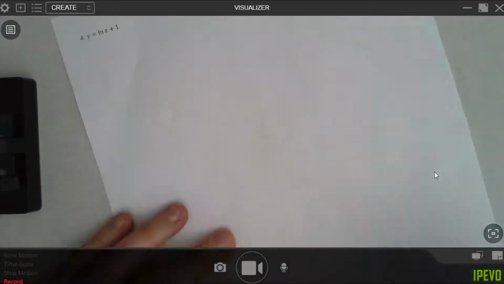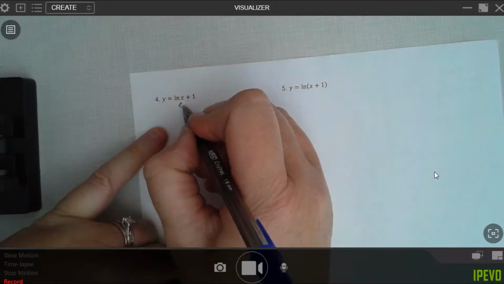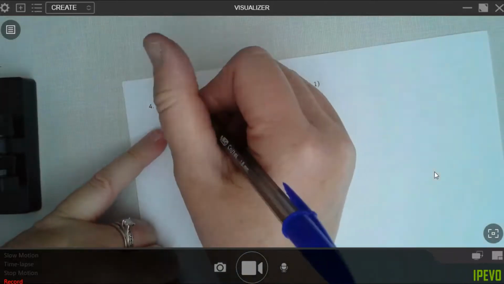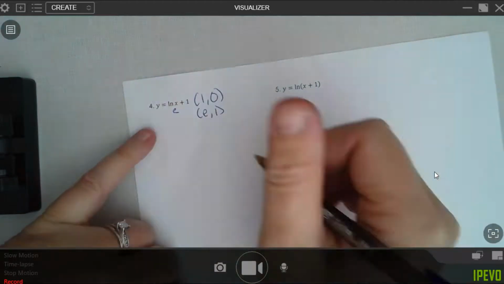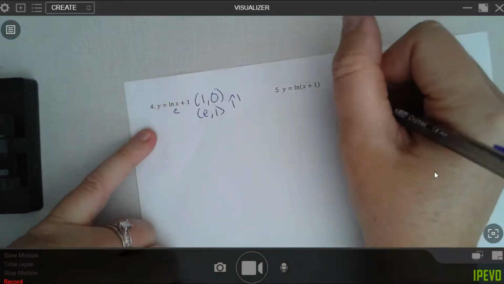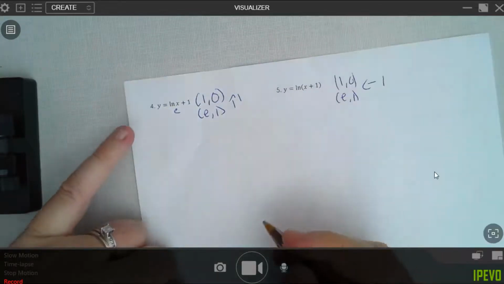So the only difference when we have natural logs, you guys, is that your b is always e. Always e. So we're going to have our point (1, 0), and then (b, 1), which is your e. And this goes up 1. This one would be (1, 0), (e, 1), and this one's going to go left 1.